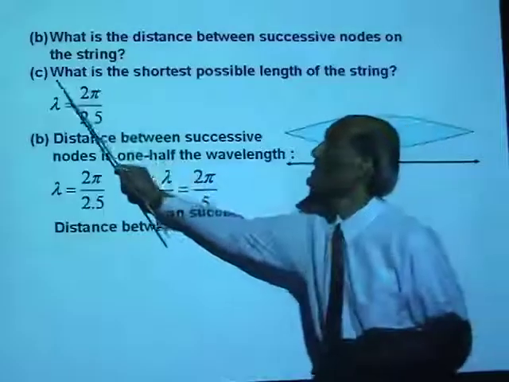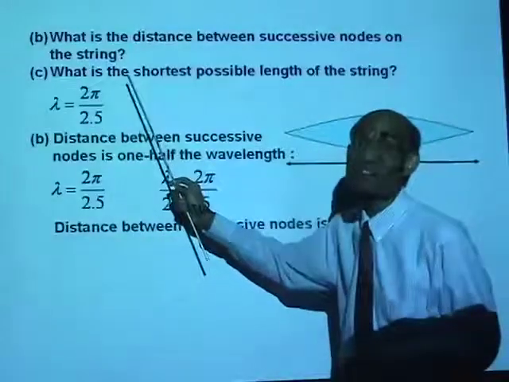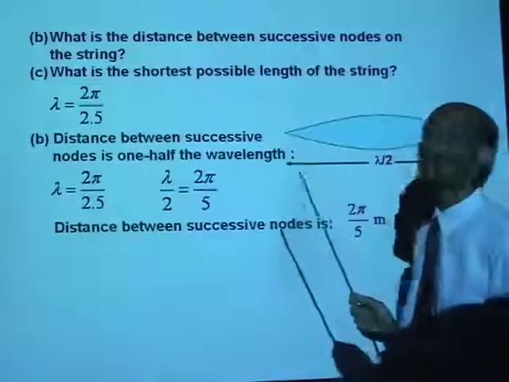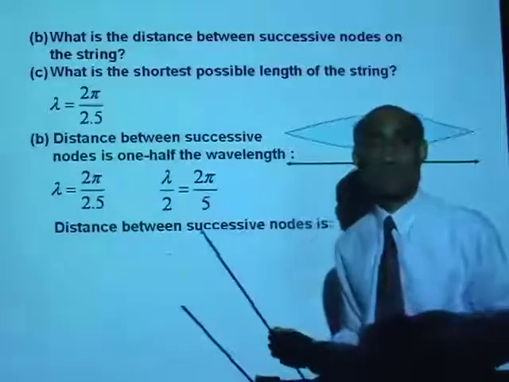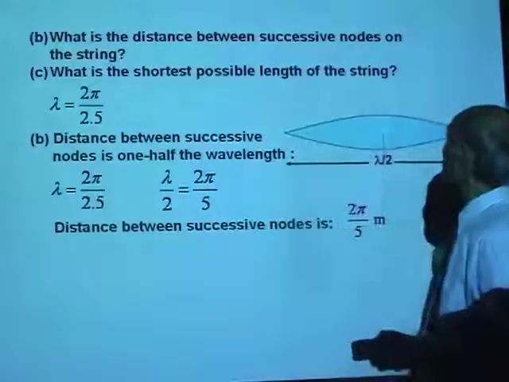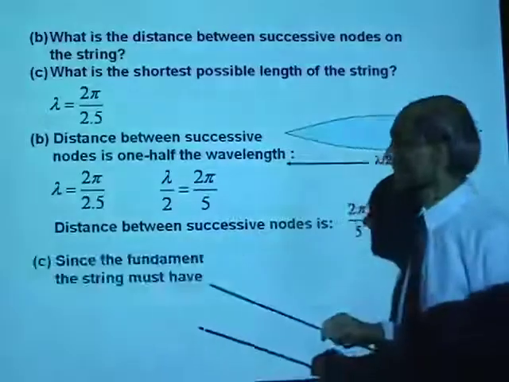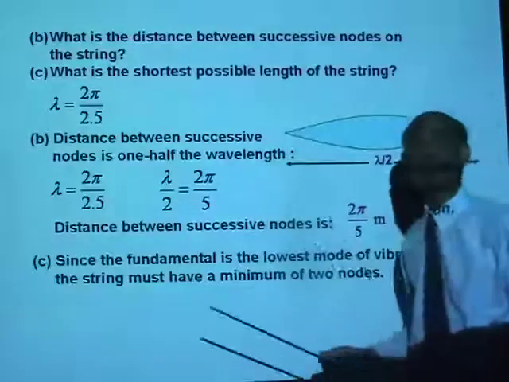Can you answer the last part? I have actually answered that for you. What is the shortest possible length of the string? Well, this is the shortest possible length of the string, which is 2 pi divided by 5.